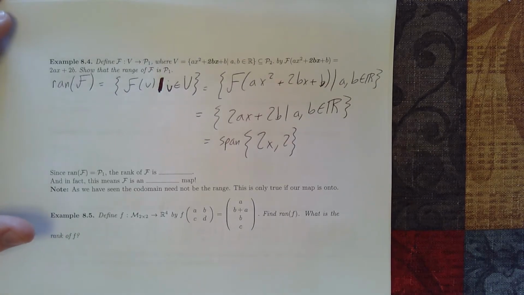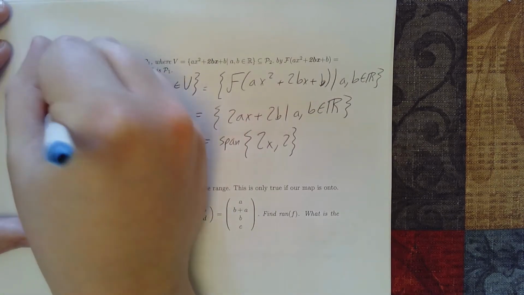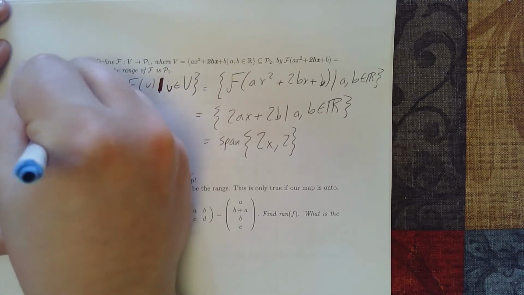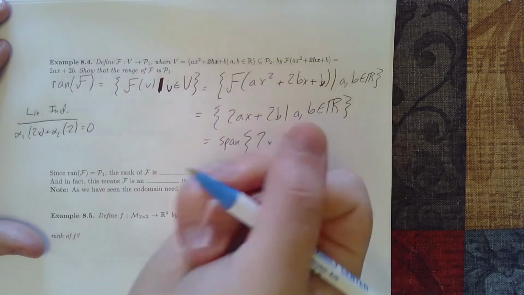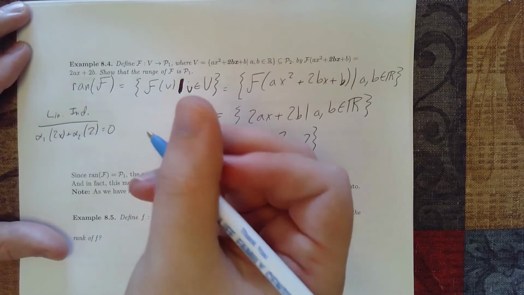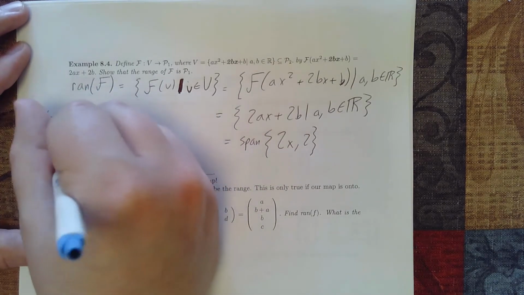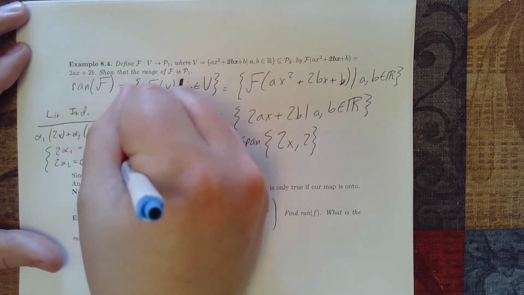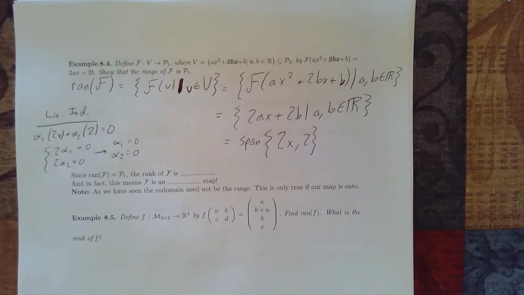So it spans. We also need to show that it's linearly independent. If we have alpha 1 times 2x plus alpha 2 times 2 set equal to 0, looking at our coefficients, that tells us that 2 alpha 1 equals 0 and 2 alpha 2 equals 0, which tells us that alpha 1 and alpha 2 both have to be 0. So we have a set that's linearly independent, and it's a spanning set.